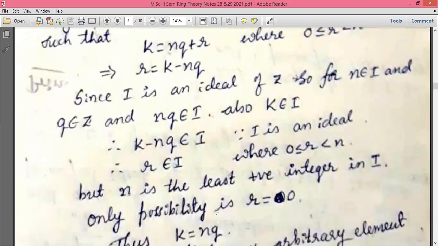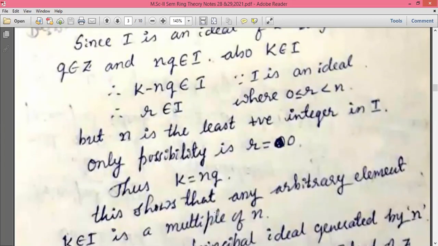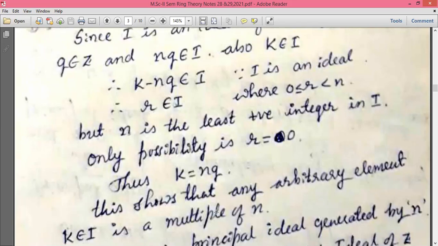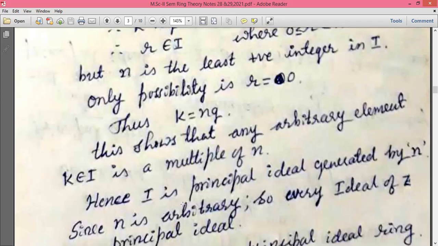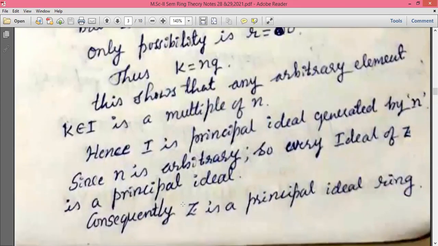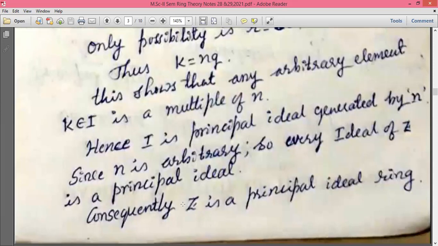But n is the least positive integer in I. So the only possibility is r equal to 0, because the remainder can be nothing other than 0. Thus r is 0, so that k equals nq. This shows that any arbitrary element k of I is a multiple of n. Hence I is a principal ideal, generated by n.